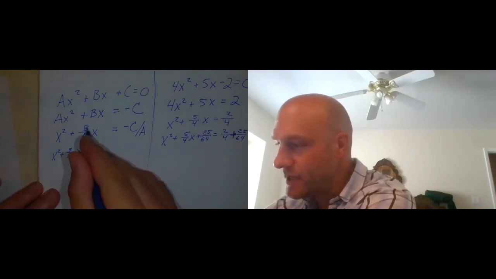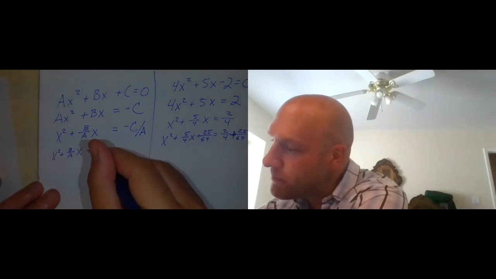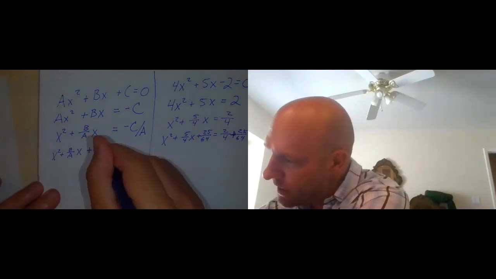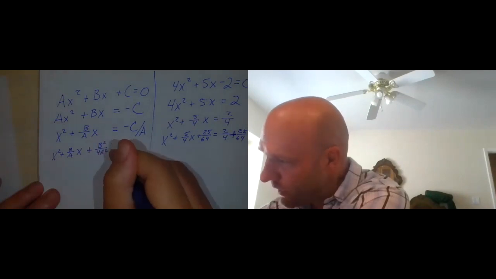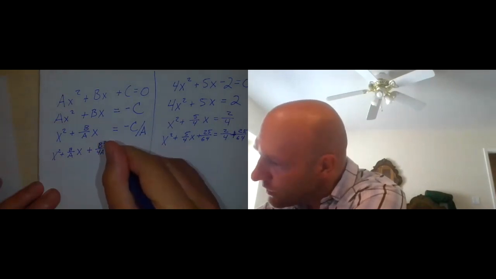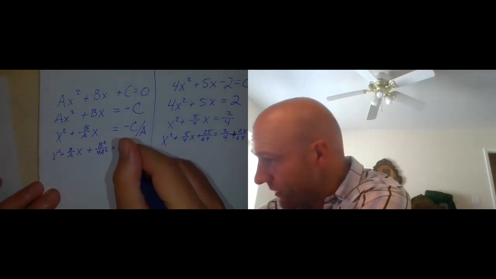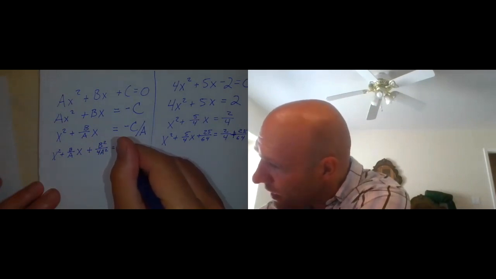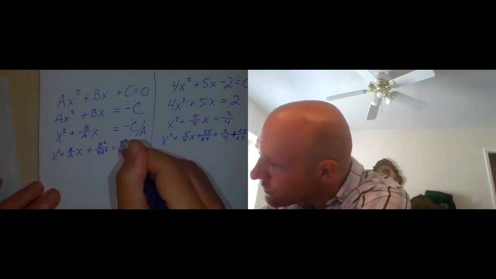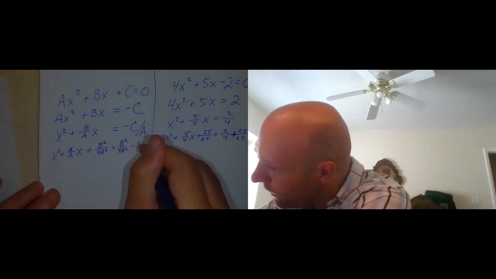Half of b over a is b over 2a, and b over 2a squared is b squared over 4a squared, equals, I'm going to add it to the front of this one because I think it just looks better, b squared over 4a squared minus c over a.